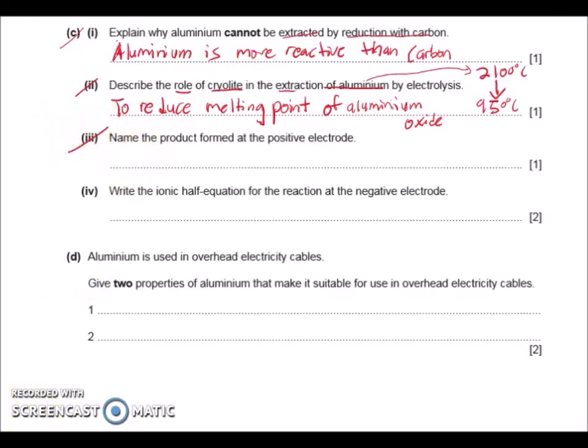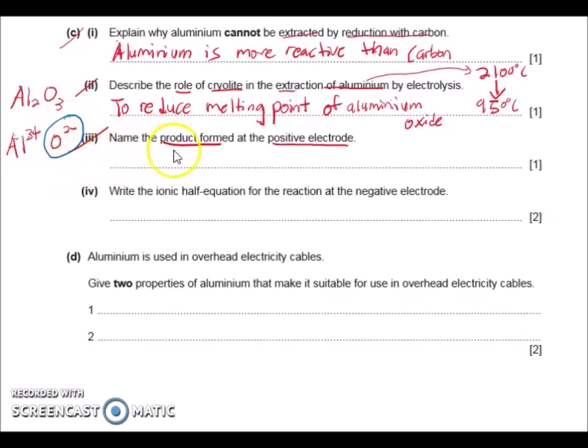Number 3, name the product formed at the positive electrode. Okay, the product formed at positive electrode, here we can do a revision. Okay, aluminium oxide. So we have here aluminium ion, and we have oxygen ion. So at the positive electrode here, you can see that here is a negative ion.